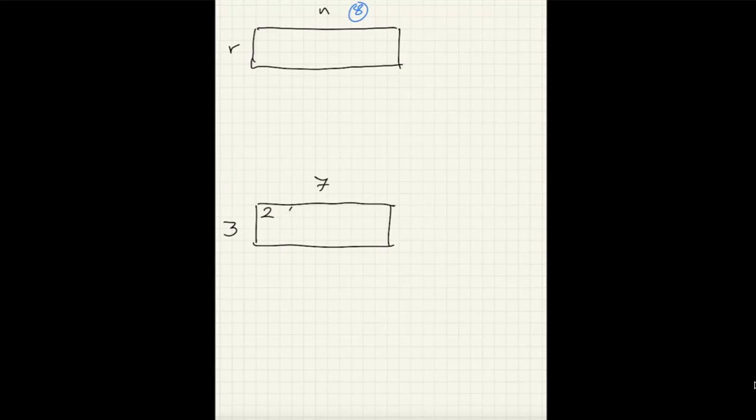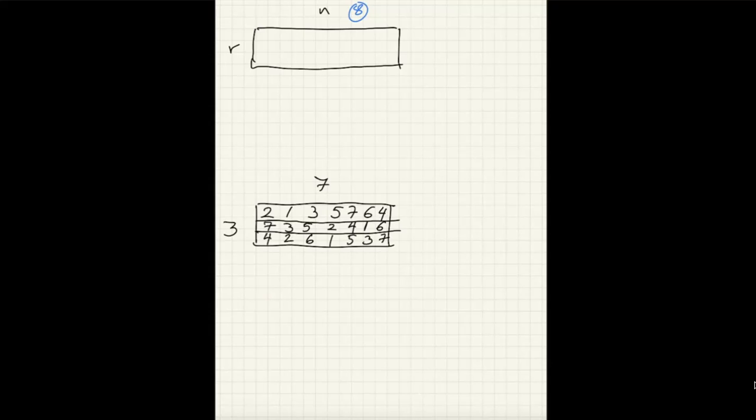So let's say the first row is 2, 1, 3, 5, 7, 6, 4. And the next one is 7, 3, 5, 2, 4, 1, 6. And the next one is 4, 2, 6, 1, I can put a 5 here, I can put a 3 here, and I can put a 7 here. Okay. So I have these 3 rows and 7 columns that I think are okay.